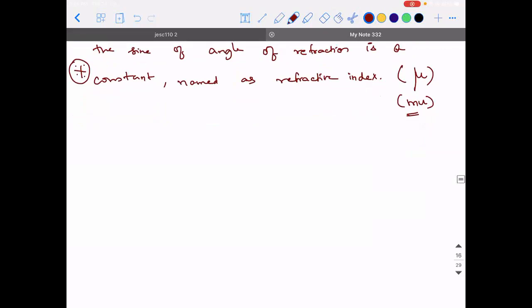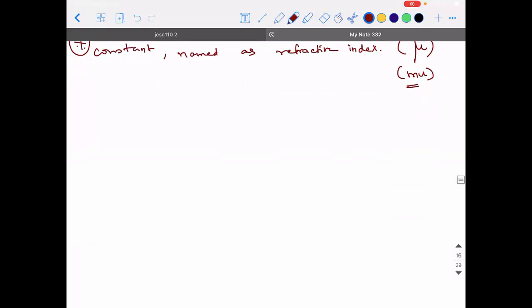Did you guys learn trigonometry? In your school, are they teaching? No, sir. Okay, no issue. As of now, there is something called sine. So i is called the angle of incidence. If you write sin, you will not write sine always. Sine is the full form, sin is the short form. I don't know why that e alone is removed. So sin i divided by sin r is equal to mu.